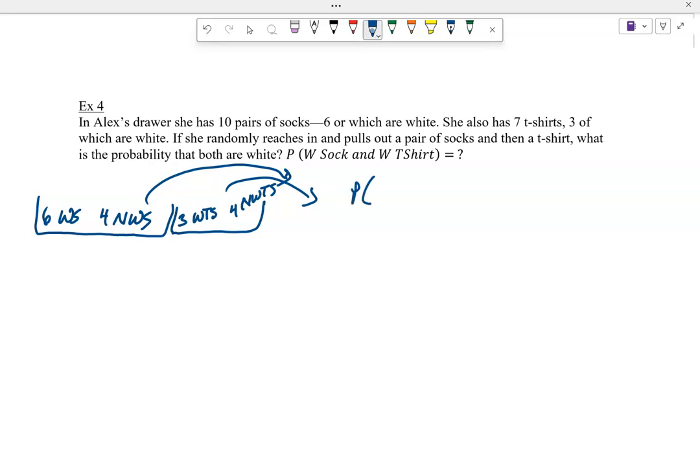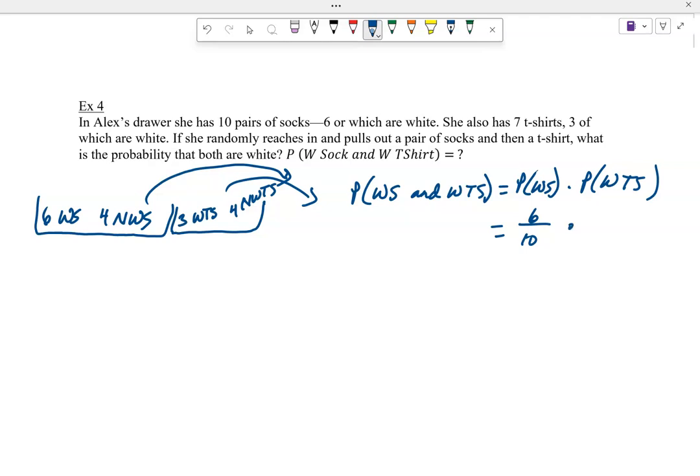So the probability of pulling out a white sock and then a white t-shirt would be the probability of pulling out a white sock times the probability of pulling out a white t-shirt. Well, the white sock, there's 6 of them out of how many socks? 10 total socks. So again, I'm guaranteeing I'm pulling out a sock. So I have a 6 in 10 chance of pulling out a white sock.